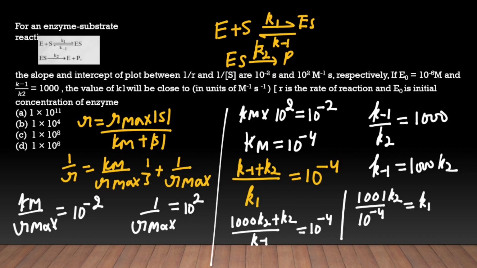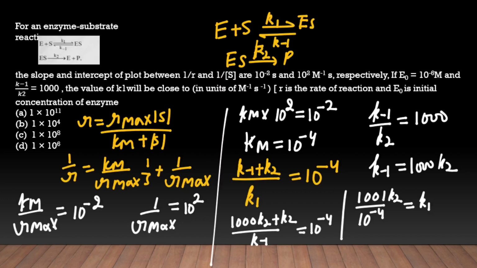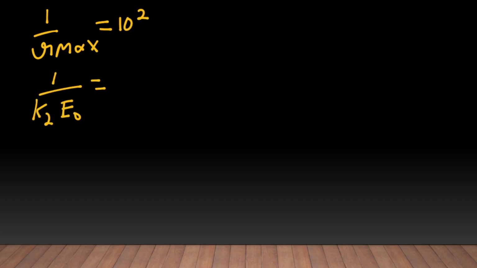So for that we are having the R max value. From that we can find it out. So we had 1 by R max is equal to 10 raised to the power of 2. So R max is nothing, it is K2 into the E naught, which is 10 raised to the power of 2. So from here the K2 value will be 1 by E naught into 10 raised to the power of 2.